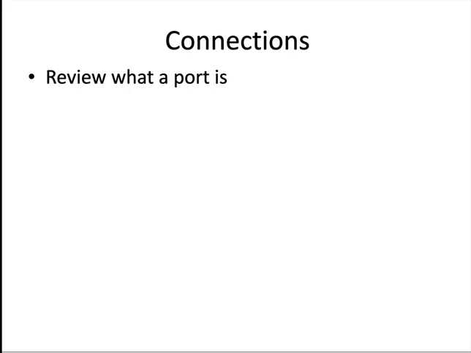The other thing I'll mention, it's not relevant now, but maybe in the future. This is also referred to as a socket, and we have something called a socket pair, which will be the pair of ports that define where a conversation is happening.